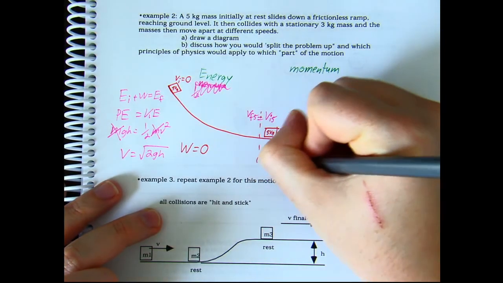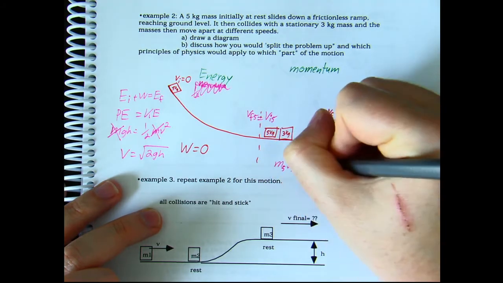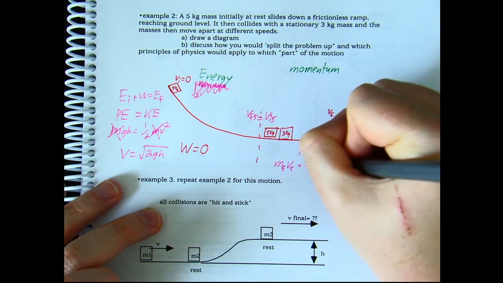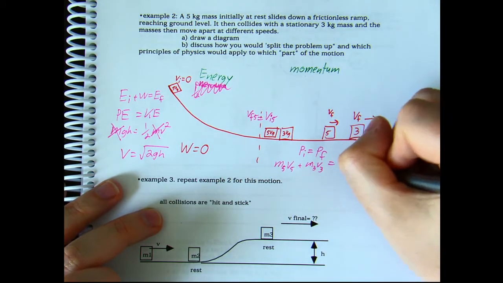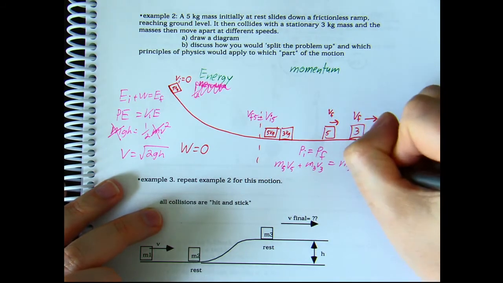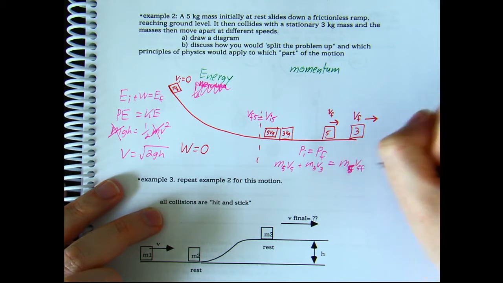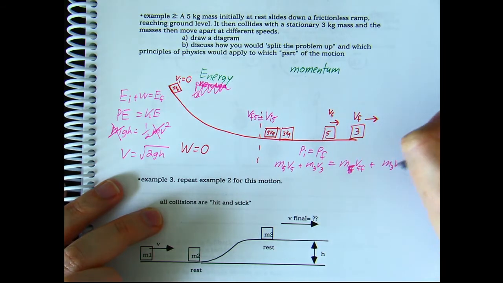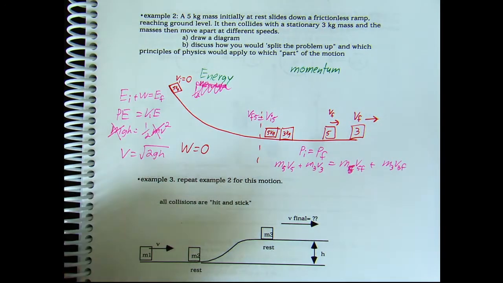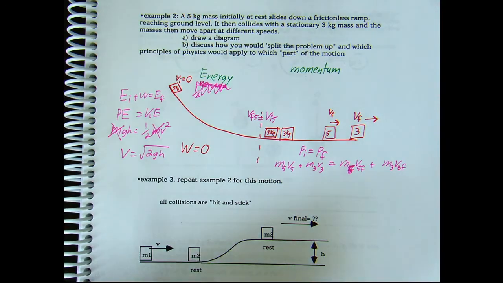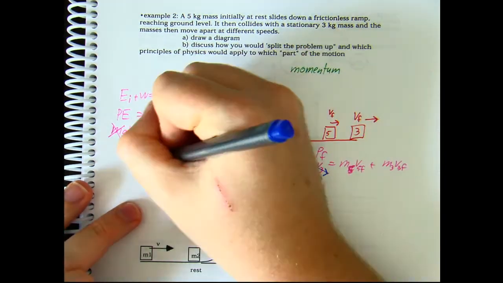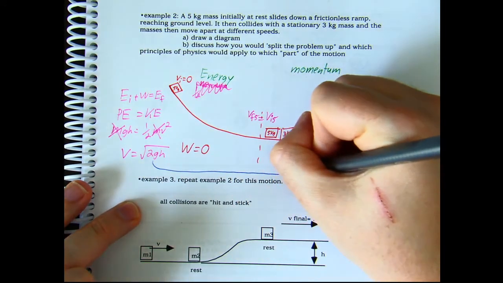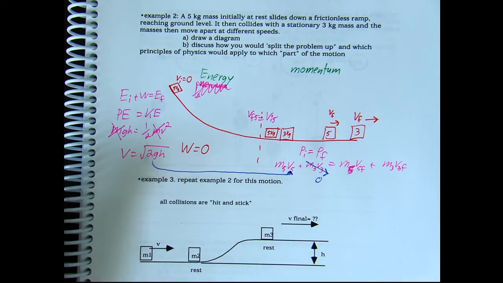I have two objects, I'll say m5 v5 plus m3 v3, the 5 kilogram block and the 3 kilogram block, equals m5 v5 final plus m3 v3 final. This block was initially at rest, so this is 0. This final velocity goes there.